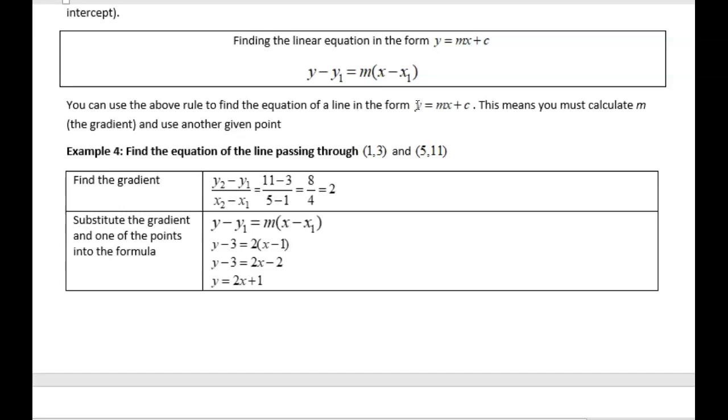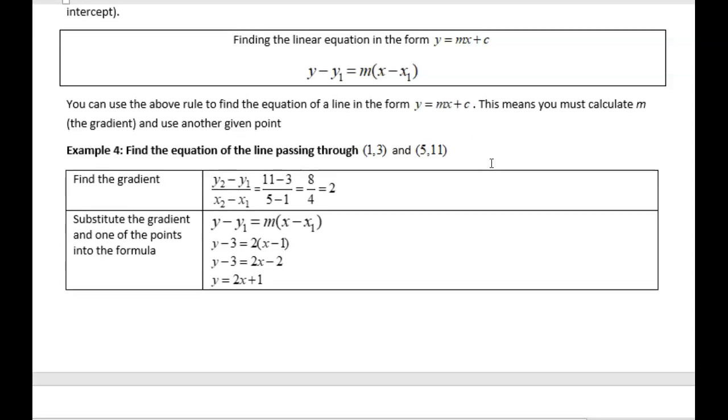So you could use x1, y1. You could use x2, y2. It doesn't matter that x1 and y1 is written there. Whatever you put in is going to work, as long as it's a point on the line. Now, the x and the y, they stay as is. Okay, so we're not substituting anything for x and y.